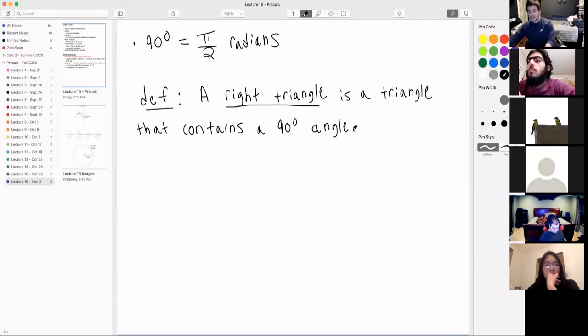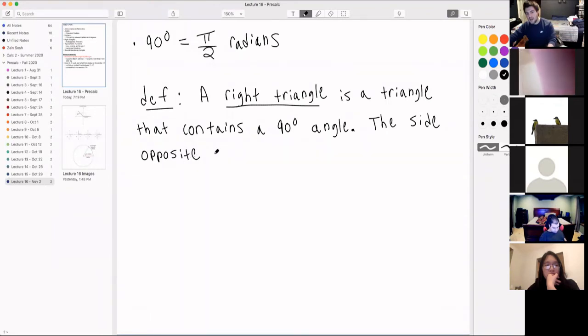And the side that is opposite the 90-degree angle also has a special name. It's called the hypotenuse. The side opposite the right angle is called the hypotenuse.